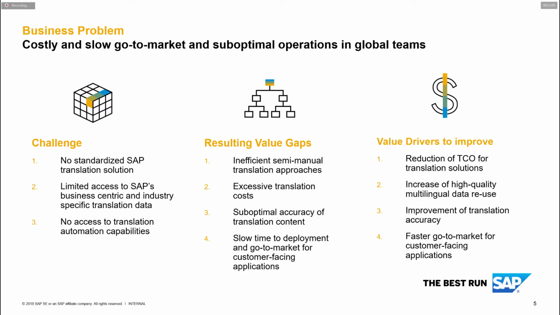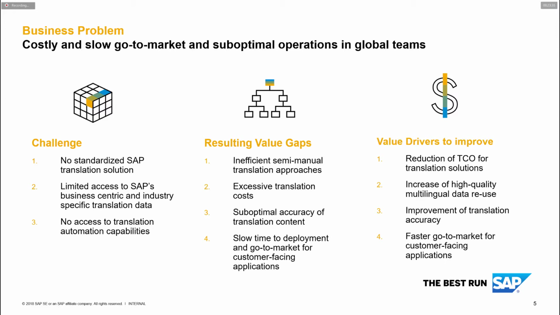Excessive translation costs, specifically missing translation data, forced customers and partners to build their own translation memories and terminology databases, which was a cost factor. Suboptimal accuracy of translation content, specifically inconsistencies with standard SAP terminology. All of these value gaps slowed down time to deployment and go-to-market for customer-facing applications.